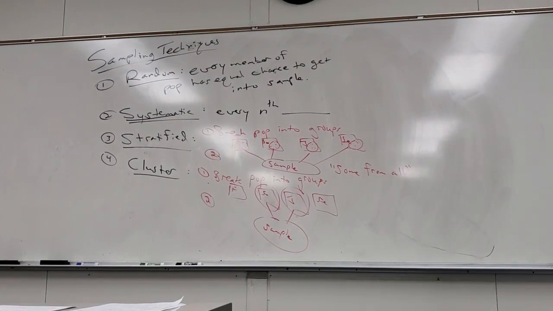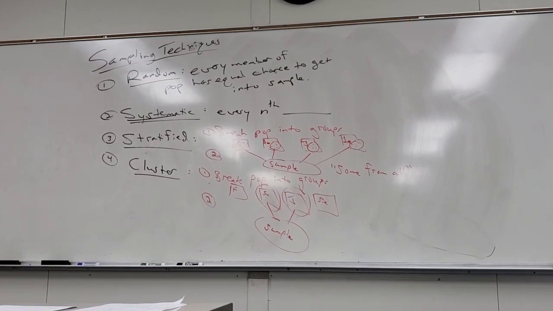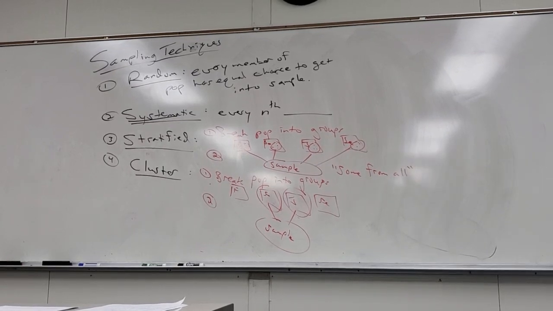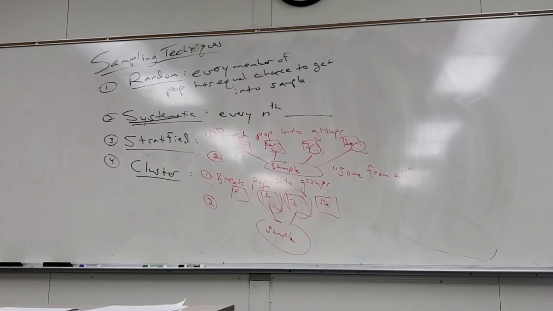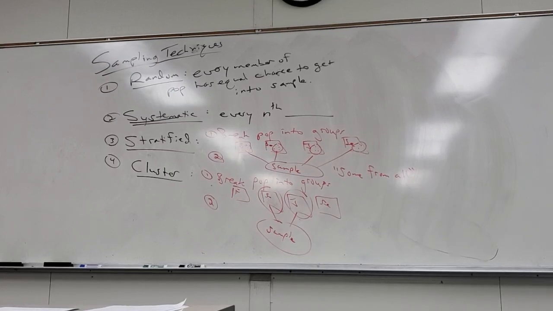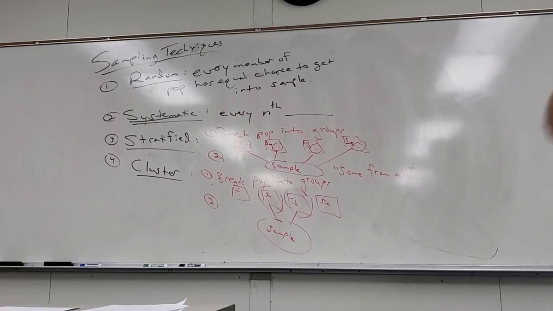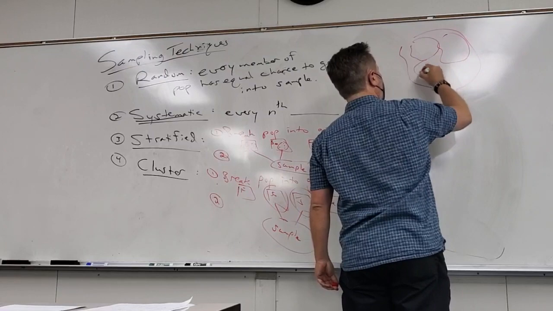You guys remember some stuff happened in Iraq back in 2001, 2002, and still. The U.S. went into Iraq and did some stuff. Later, they wanted to take samples of regions to see how safe the country was. I'm paraphrasing here, but what they did was they broke the country of Iraq into regions, right?